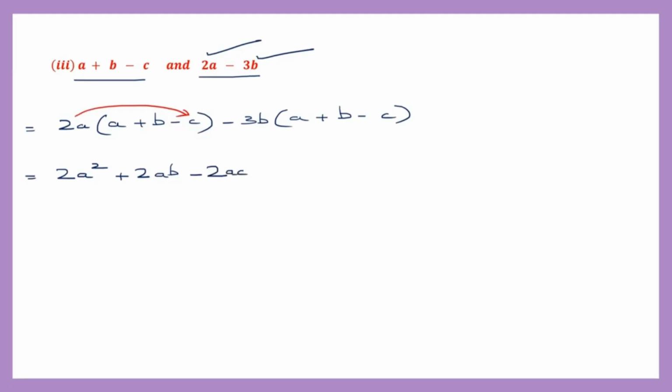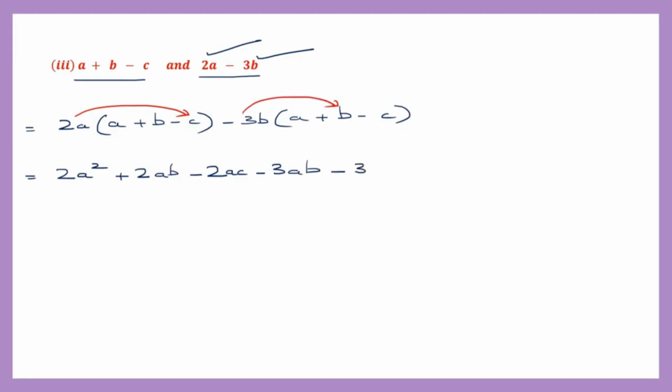Now let's go to the next part. Minus 3b into a. So the sign here will be minus. The number is 3. b into a is ba, or you can write ab. So this part is over. Now we multiply minus 3b into b. The sign is minus.